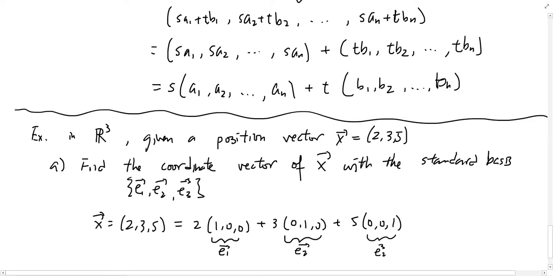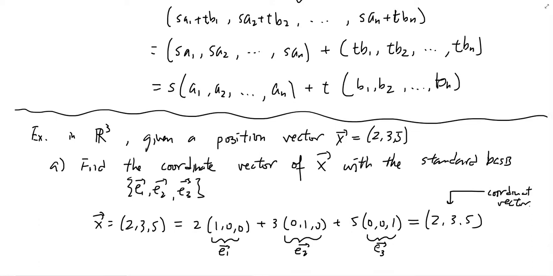Therefore, this gives you the coordinate vector 2, 3, 5. And as I said, the coordinate vector in this case is exactly the same as the position vector because that is the advantage of using the standard basis.